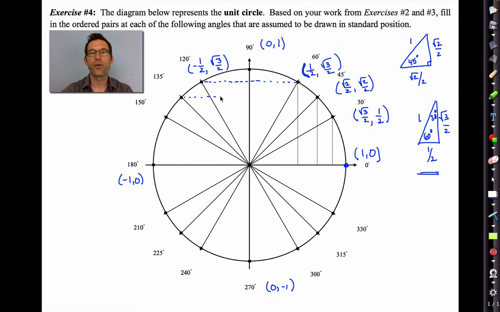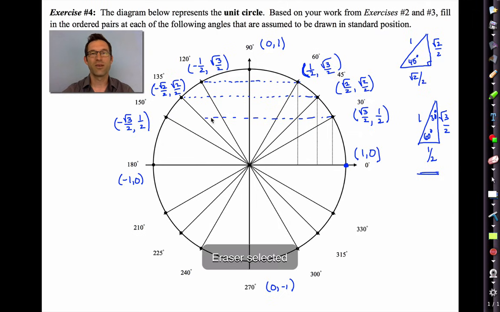Likewise, the 135 degrees is just a reflection of this point across the y-axis, so the x-coordinate gets negated and the y-coordinate stays the same. And same song, third verse. The 150 is a reflection of the 30, so the x-coordinate gets negated and the y-coordinate stays the same. That's it, right? Wow, we just did the second quadrant like that. That was a piece of cake.